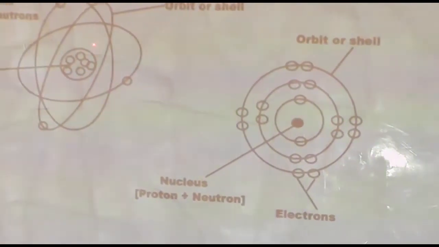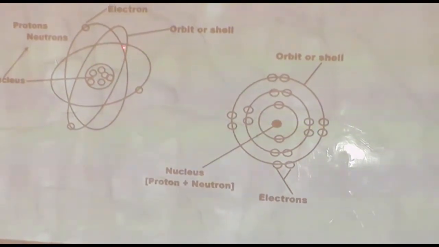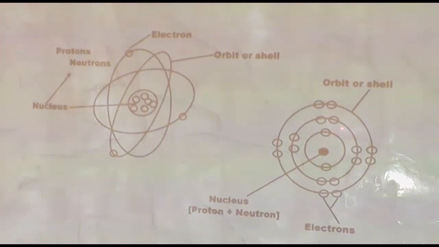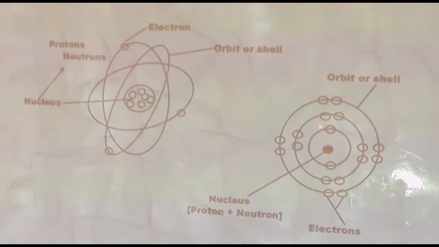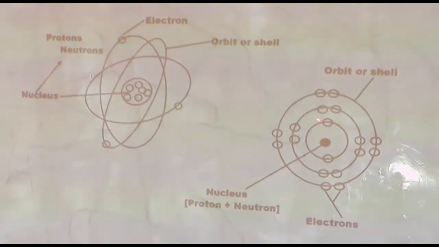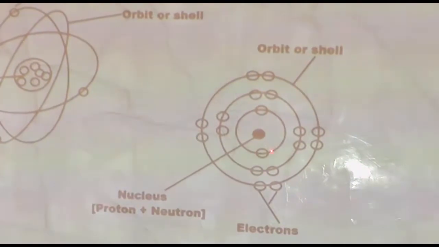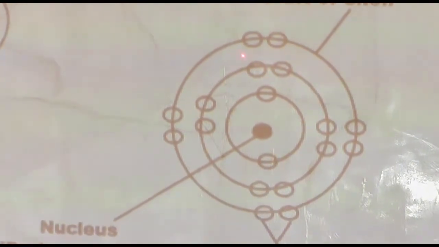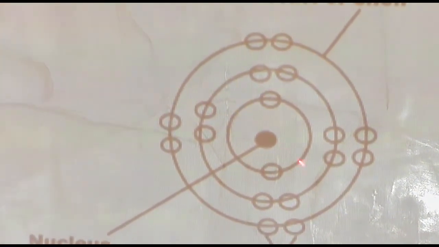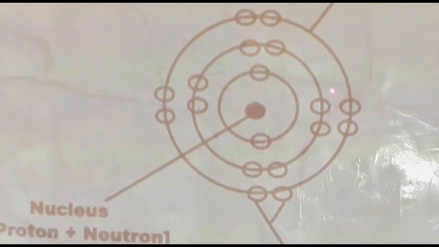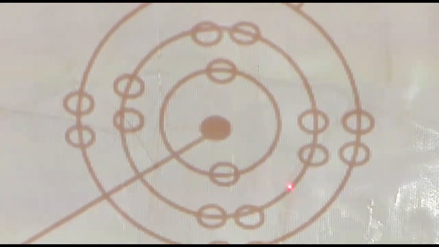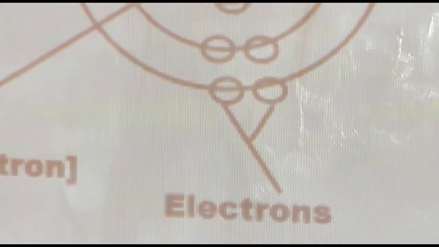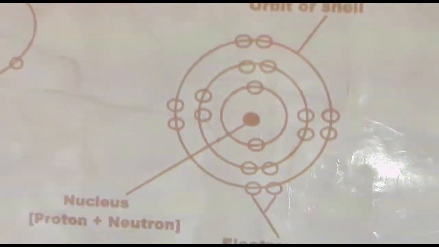In the first diagram, the orbits or shells are shown revolving around the nucleus, while in the second diagram, it shows how electrons are arranged either singly, as in the first shell, or in pairs, as in the second shell and the third shell. All the small circles you see arranged on the orbits or shells are called electrons. Now, this is the structure of an atom.